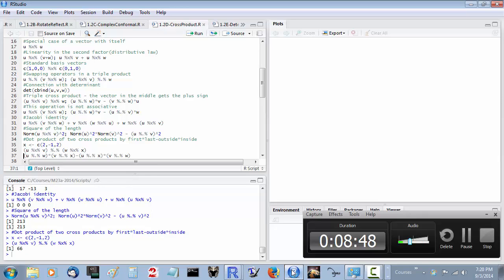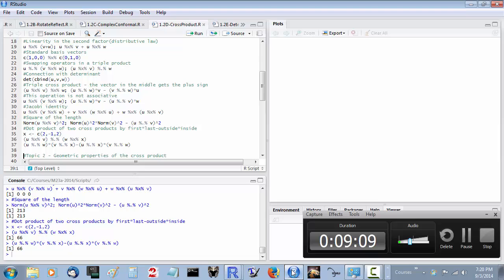And it turns out the result is the same as what I get if I take the dot product of the first two and the dot product of the last two, multiply them together, and subtract off the dot product of the outside ones multiplied by the dot product of the inside ones, again getting 66. Proof of this makes a nice problem.